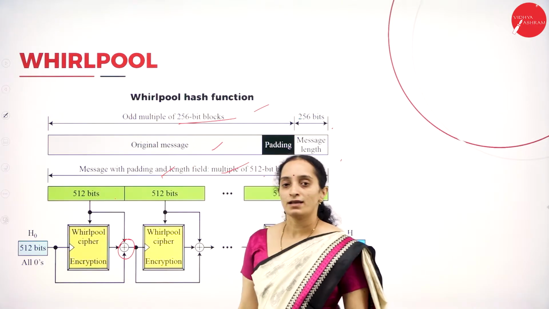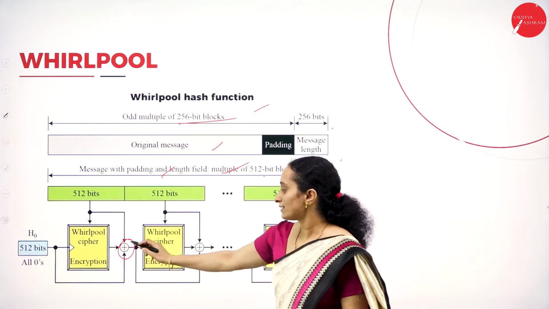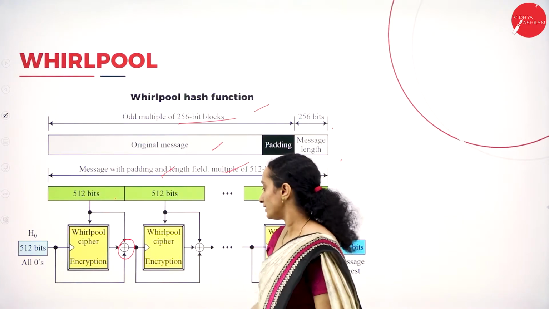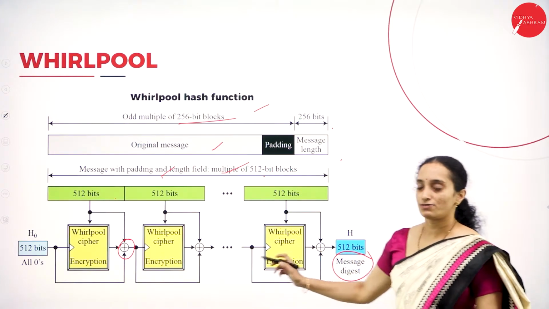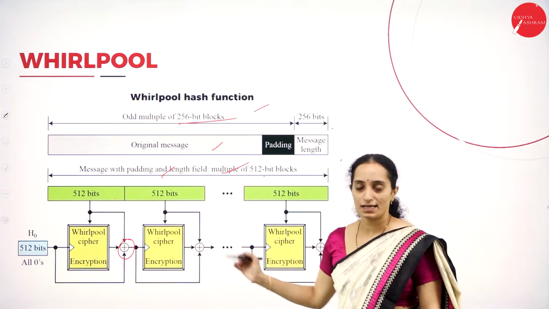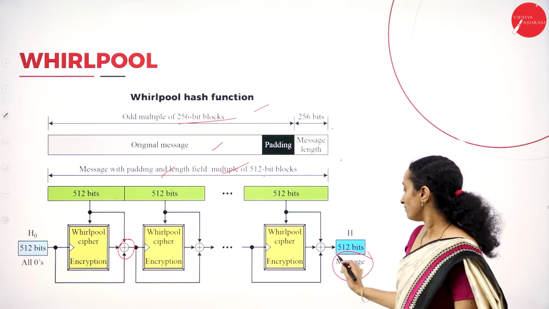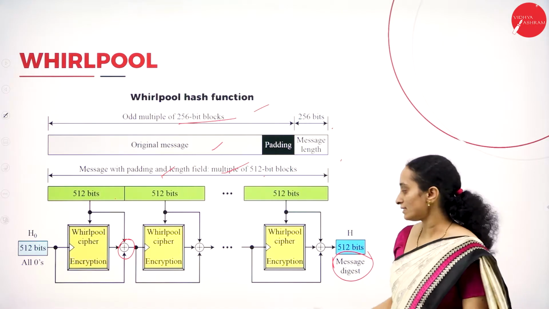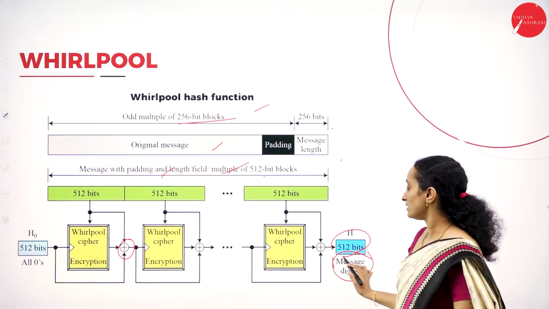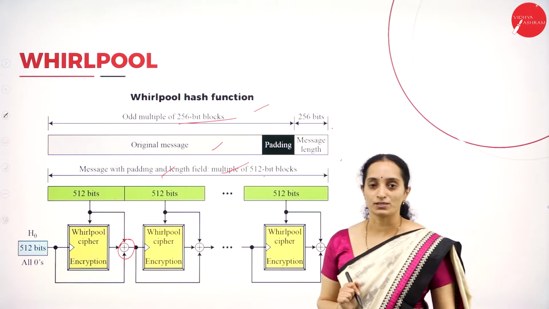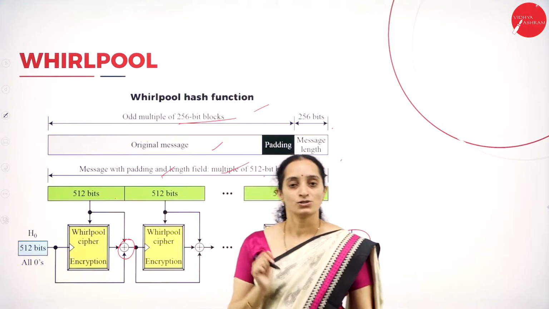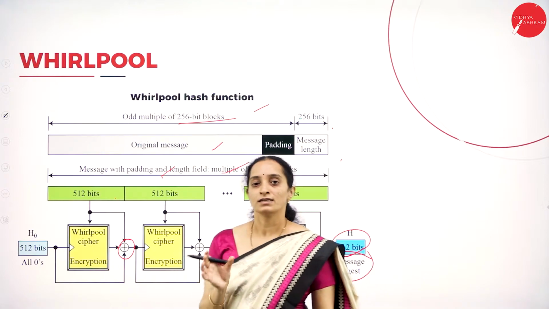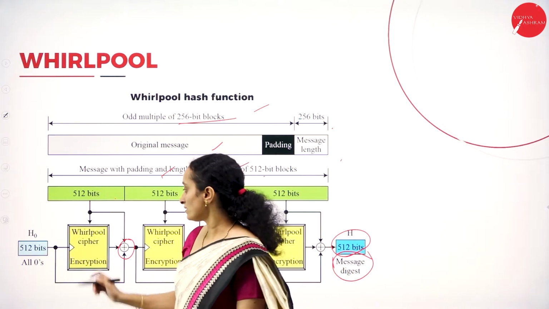All the three are XORed to get the new message digest. So this is the message digest which will be obtained with each intermediate block. We use this message digest to produce these 512 bits of message digest. As we know, it is 512 bits of message digest that must be produced.